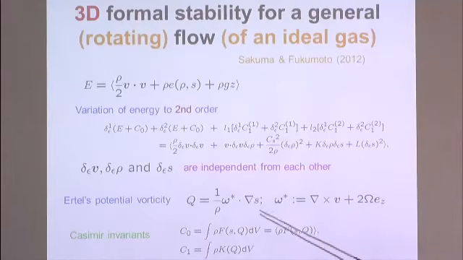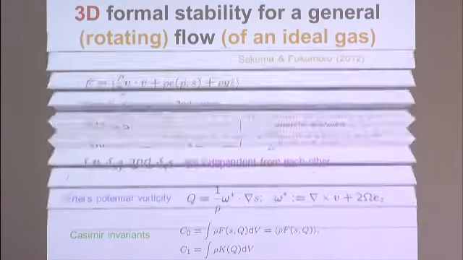Q is the potential vorticity, and we are looking at not simply stratification but a more general dependence of density and entropy, and then this is the potential vorticity. As you know, a Casimir invariant is the integral of any function of entropy and this potential vorticity.